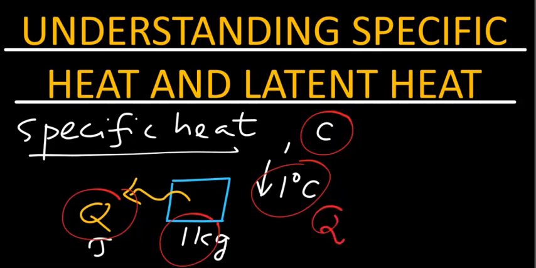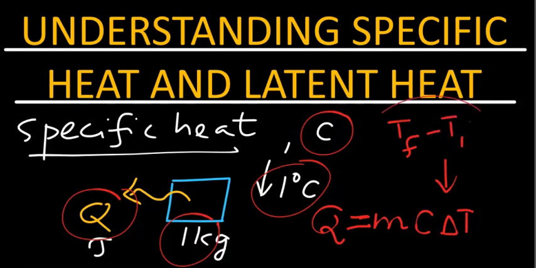The amount of heat equals the mass of the sample, or the material in this case, times the specific heat capacity of that material, times the change in temperature. The change in temperature is the final temperature minus the initial temperature. It can be in Celsius or Kelvin.